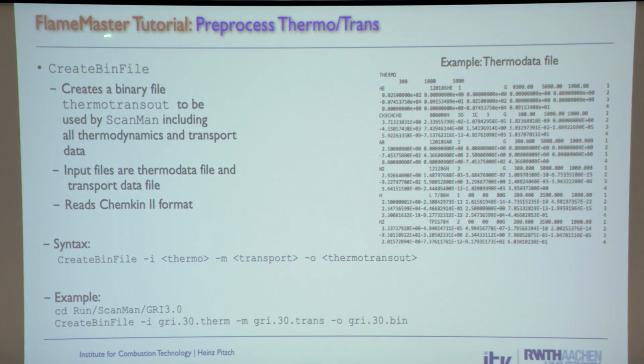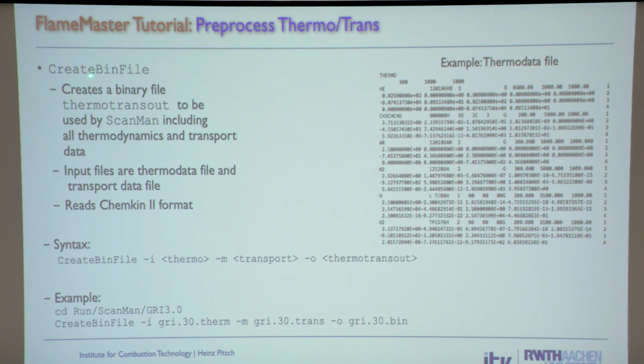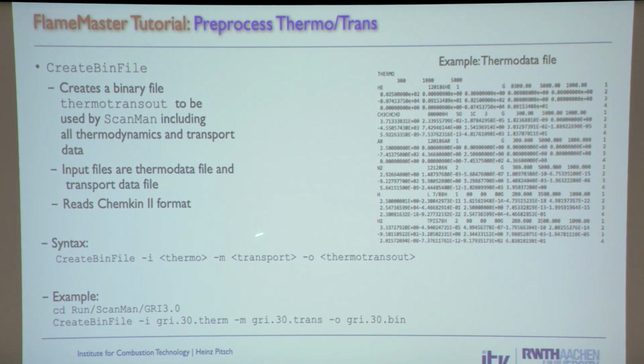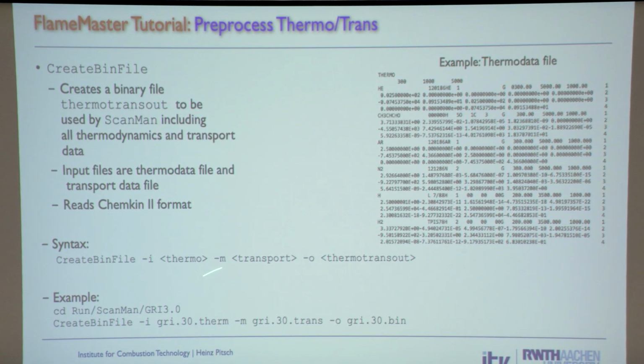Okay, so maybe I'll go quickly over this. Here is the create bin file, with the syntax shown here. This would be a typical thermodata file. Create bin file takes as input the thermodata file, the transport data file, and the name of the output file, that's it.